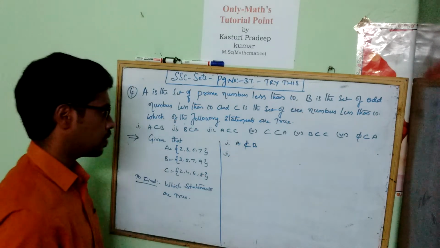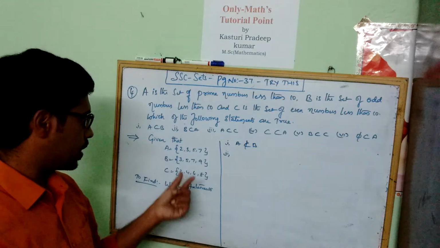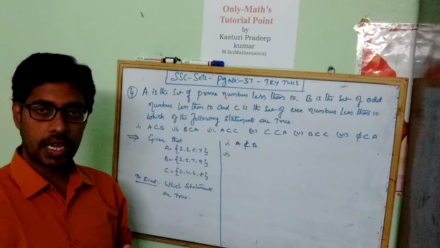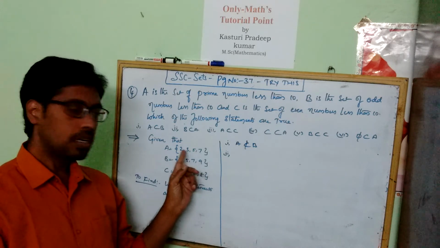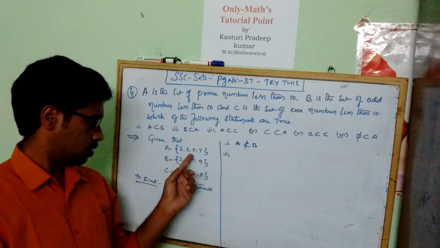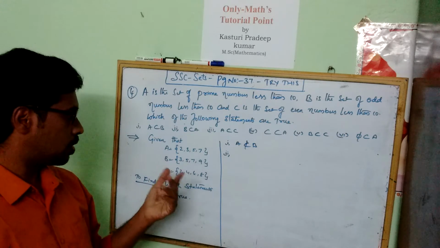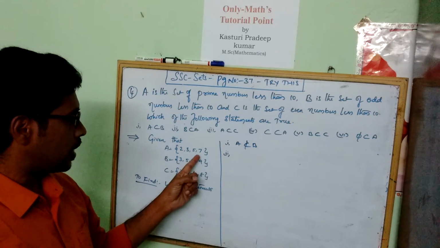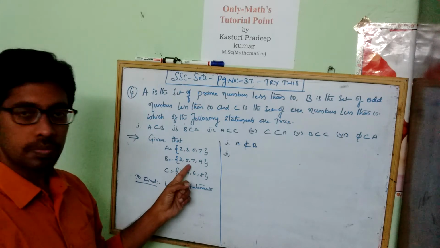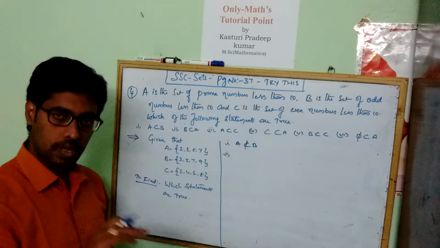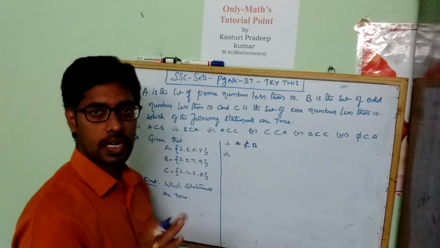Second one, B is a subset of A. Is B a part of A? No. Because 9 is not in A, and 2 is not in B. So the sets should be the same, then only we can compare.